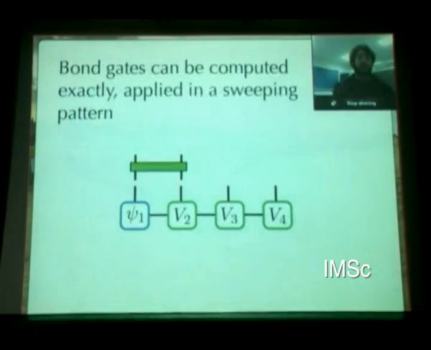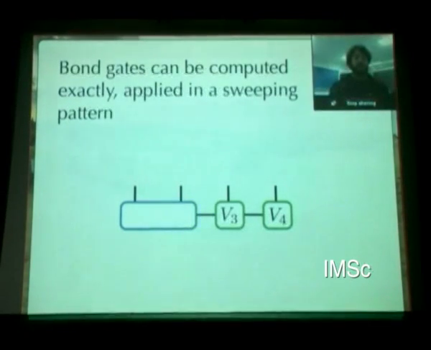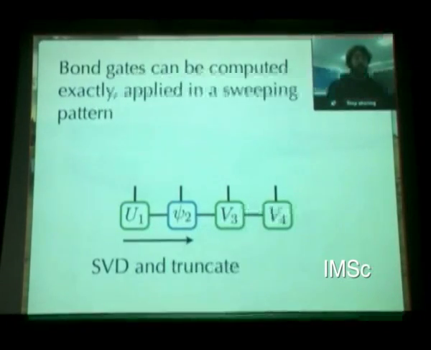Once you have this, we call these gates, the e to the minus tau h on each bond. You apply these gates one time, and that's like applying one time step tau. If you do enough time steps, you apply the full e to the minus beta over 2.